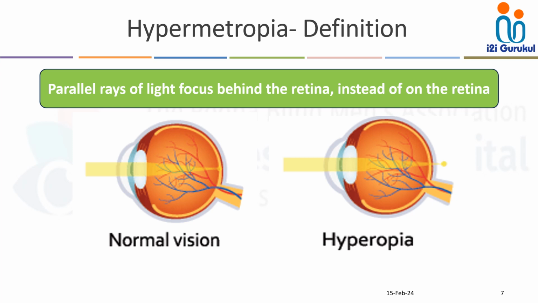The term hypermetropia: hyper means excess, metr means measure, and opia means of the eye vision, which means high vision power. This is the meaning of hyperopia or hypermetropia.